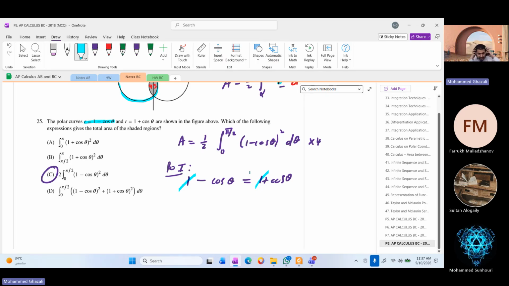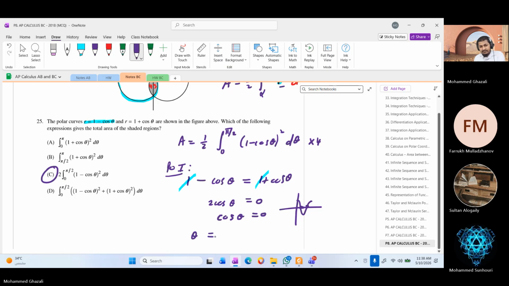Right. So if you try to find the points of intersection, what we get here is 2 cos theta is equal to 0. Are we good? So cos theta is equal to 0. When is cos theta equal to 0? The cos graph is 0 at pi by 2 and 3 pi by 2, or theta equals 3 pi by 2.